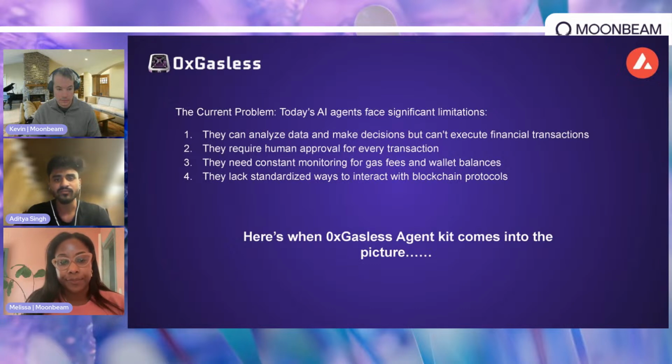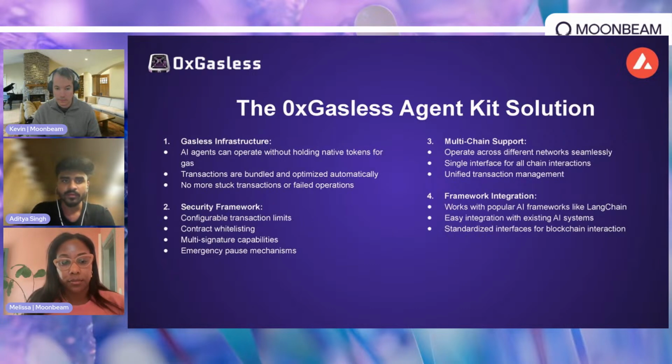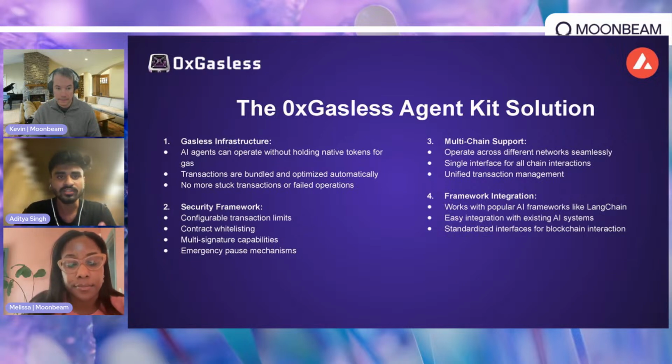Here we have solved this also, with the 0xGasless AgentKit solution. What we bring through our 0xGasless AgentKit infrastructure is gasless infrastructure. I already told you that gasless infrastructure is wrapped inside the AI agent toolkit, so AI agents can operate without holding native tokens for gas fees. Transactions are bundled and optimized automatically.